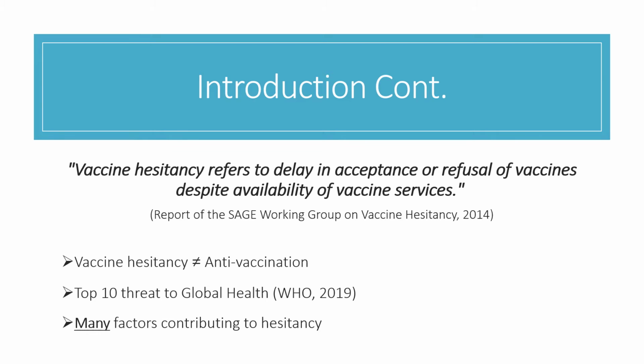They are adamantly opposed to vaccination, whereas someone that is hesitant might just have concerns or questions about it before they fully commit to it. So it's important to point that out.